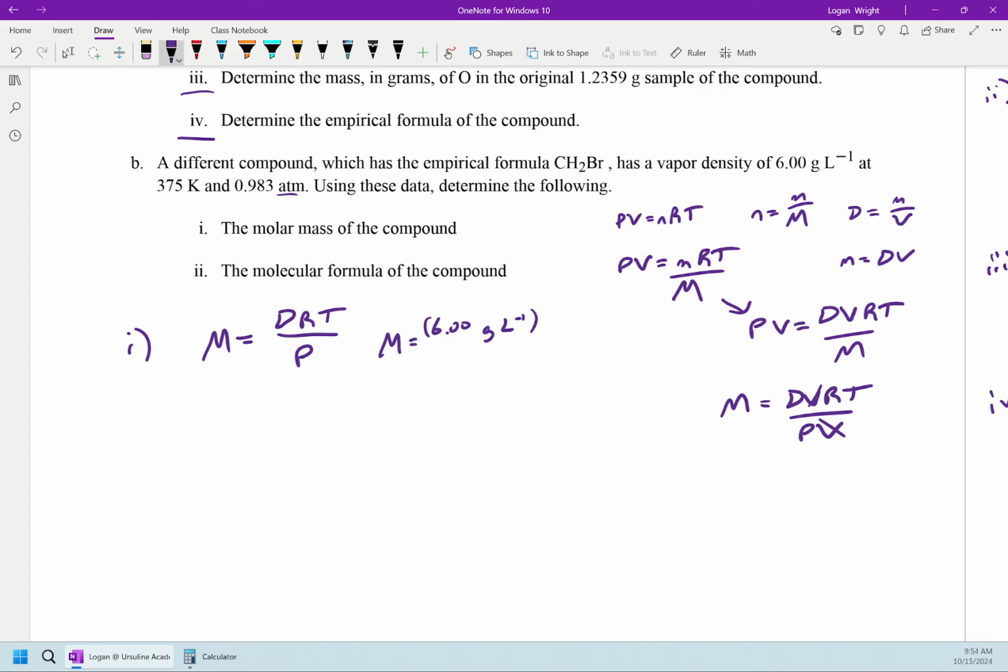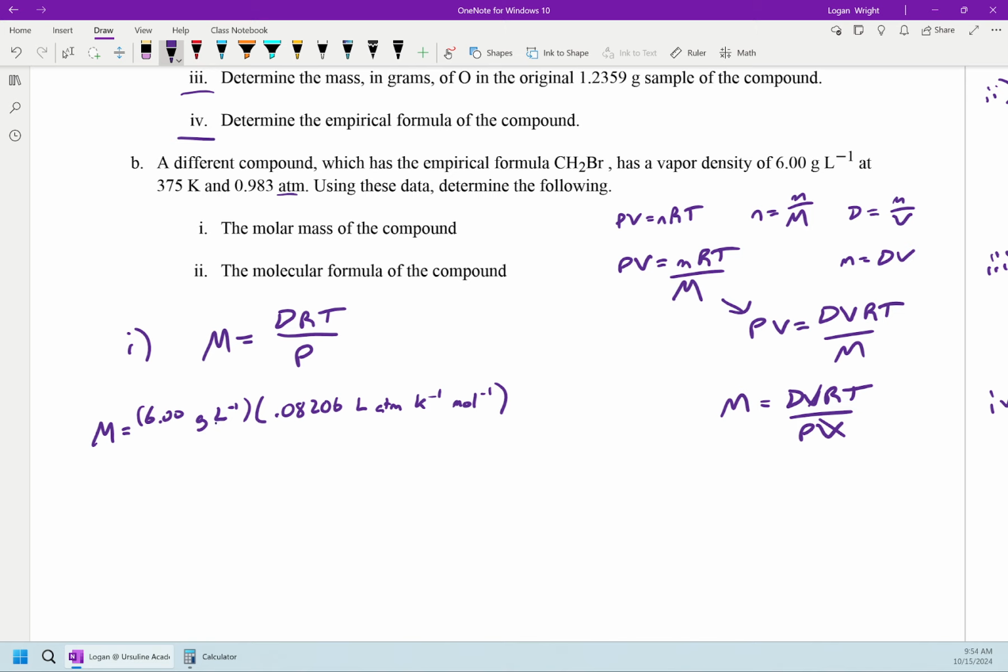I'm going to need more space. Okay, so that's density. My R value is 0.08206 liter atmosphere Kelvin^-1 mole^-1.